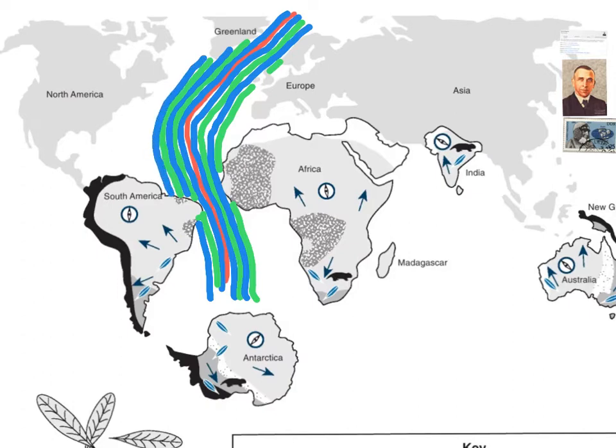One layer was pointing north, the next layer was pointing south, and it just kept doing that all the way up to the continents. And he couldn't explain why, but certainly it was odd.